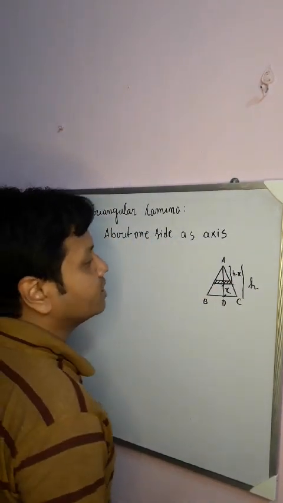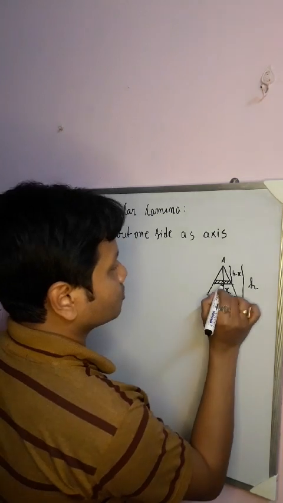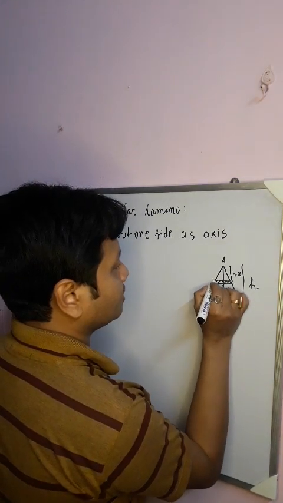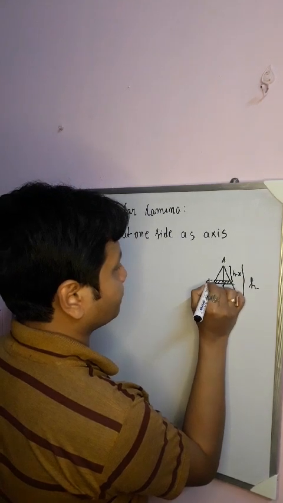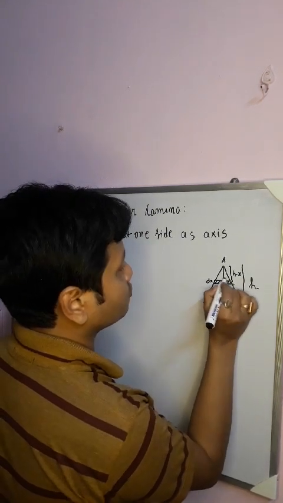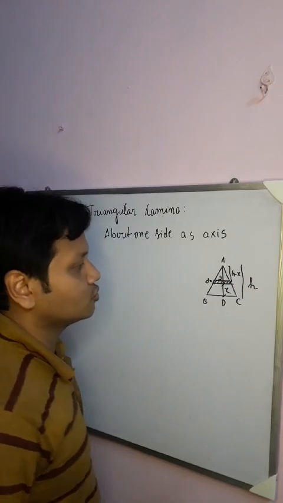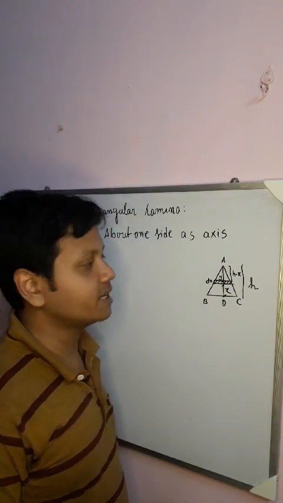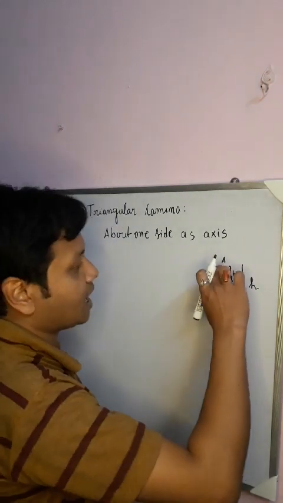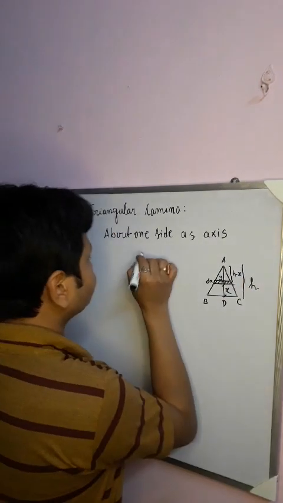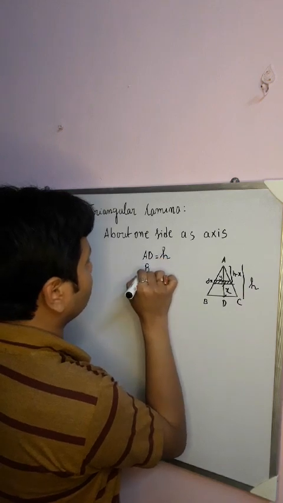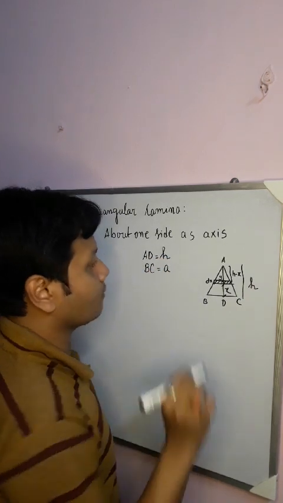So what will be the area of the strip? We consider the strip at a distance x. Say the width is dx and this length is y, so y into dx is the area of the strip. The height AD is h, and say BC equals a.